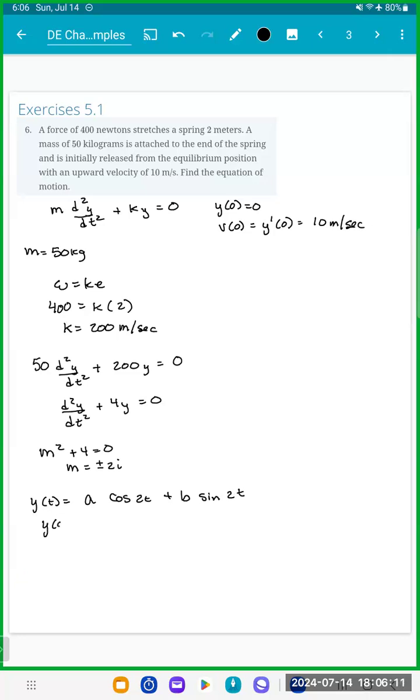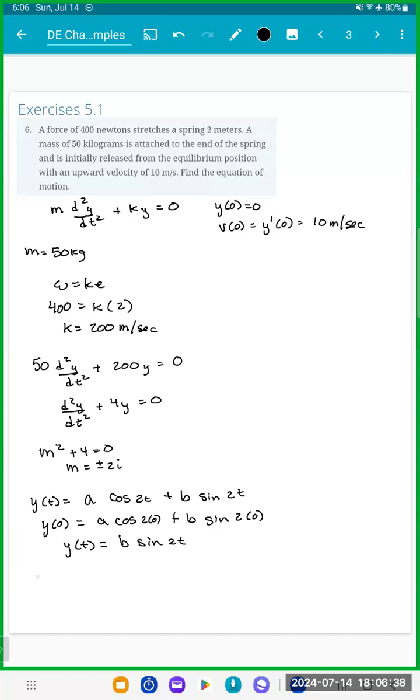When we're looking at y of 0, we have a cosine of 0 because that's 2 times 0. So I should probably just put the 2 times 0 plus b sine 2 times 0. Okay. So we get that y of t is equal to b sine of 2t.